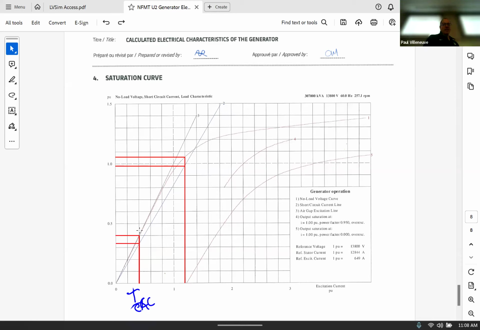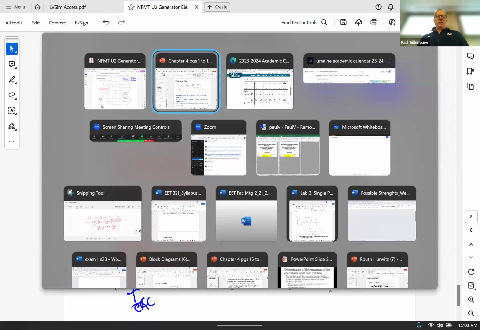Then I go to my next curve and I get a voltage. So my impedance Z at an I excitation is going to be equal to V open circuit at that excitation divided by I short circuit at that excitation. That's how you solve for that parameter Z. You're going to get the impedance. So that's what we're doing with our 2 tests.